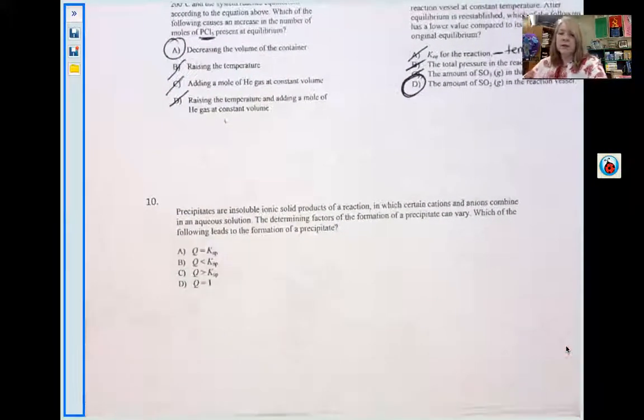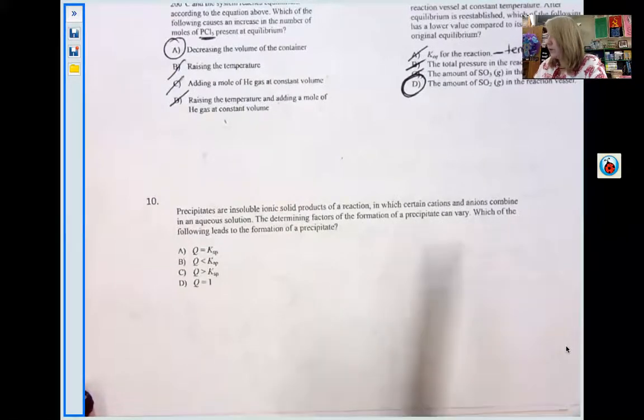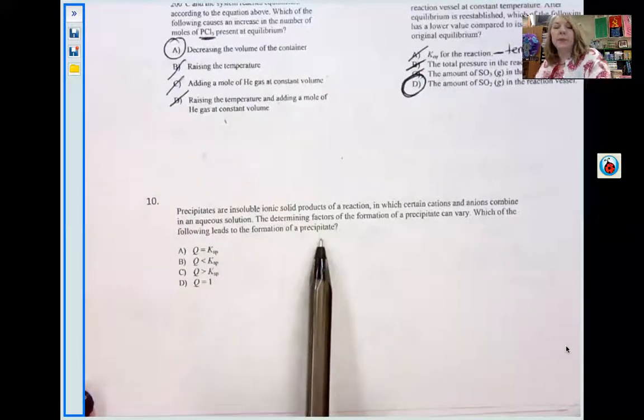All right, last question on multiple choice. Precipitates are insoluble ionic solid products of a reaction in which certain cations and anions combine in an aqueous solution. The determining factors in the formation of a precipitate can vary. Which of the following leads to the formation of a precipitate?